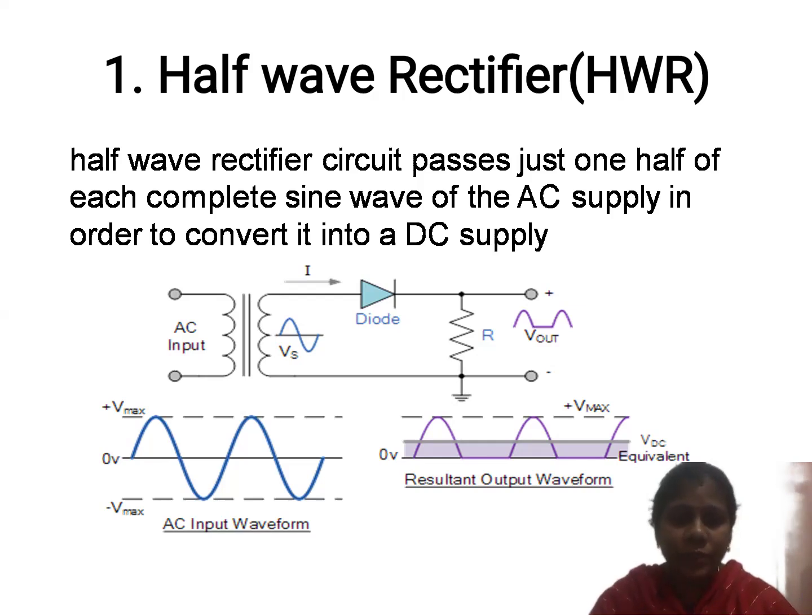Next, it continues with the second cycle, that is the negative cycle. If we apply the negative cycle to the anode terminal of the diode, the voltage across the anode has negative polarity. We apply the instantaneous negative voltages to the anode terminal of the diode.